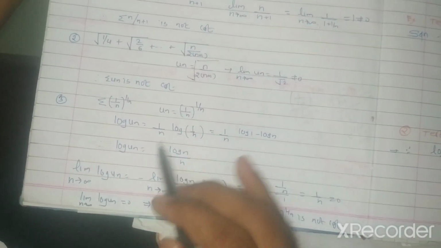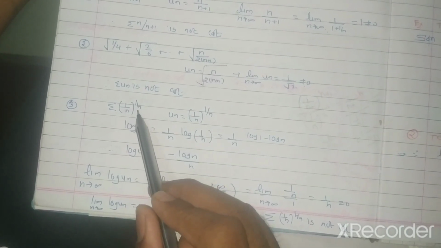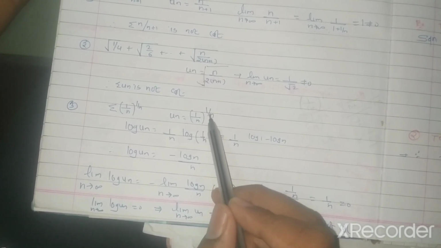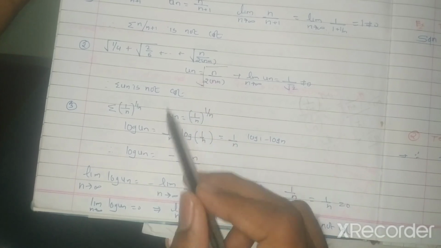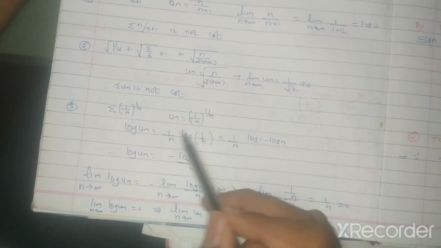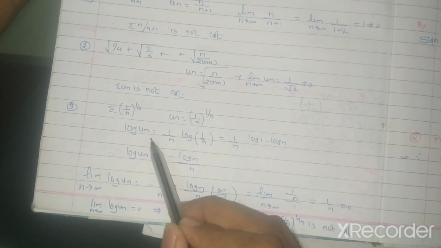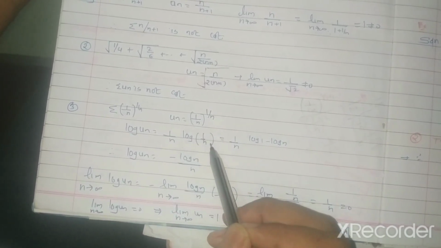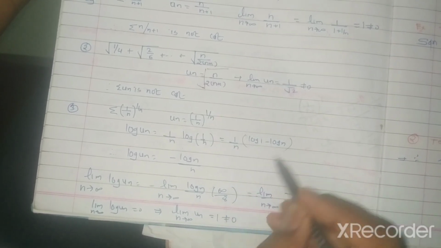Now next, summation of (1 upon n) raised to 1 upon n, where u_n is (1 upon n) raised to 1 upon n. To calculate the limit, we take the log of this term. Log u_n is equal to 1 upon n times log of 1 upon n, which is 1 upon n times (log 1 minus log n).